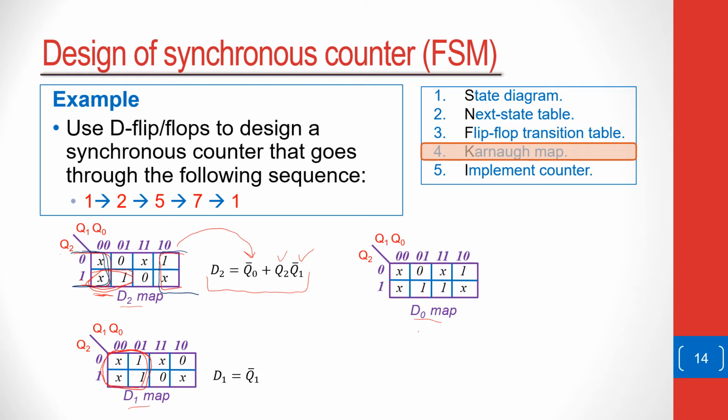As you go across this group, you see that Q1 remains 0. It remains low, so you have Q1 bar. As you move up and down, you see that Q2 changes, so Q2 is eliminated. Even as you go this way, you see Q0 changes. So this group gives us just Q1 bar.